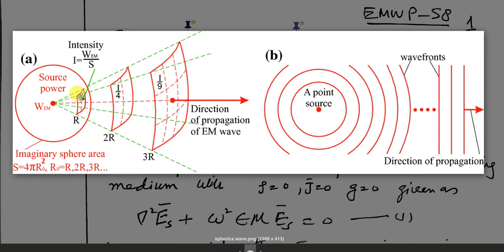Now among that spherical front, we take a small portion of that. It is very curved near to the source, but as it moves on, the curvature of the area of that spherical surface gets flatter and flatter. You see here the sun ray coming from the sun at extremely large distances.